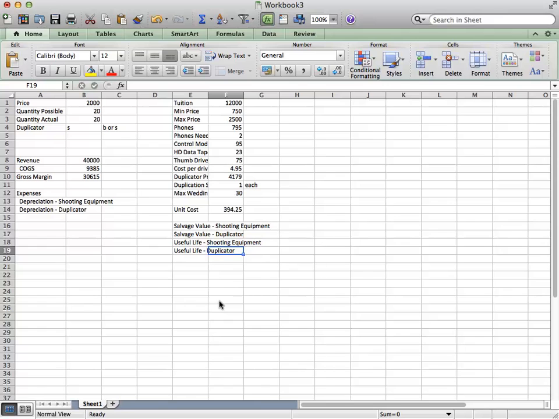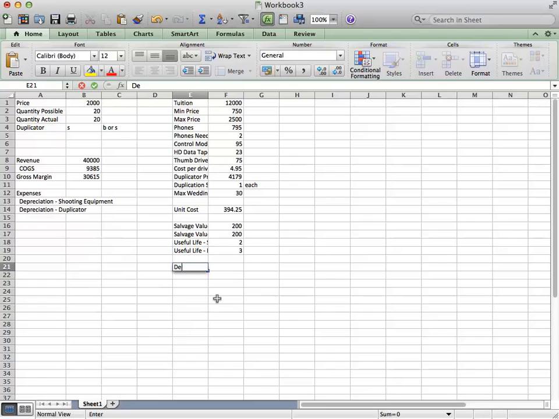So let's say that the duplicator is good for 3 years and the useful life of the shooting equipment is 2 years. The salvage value for the shooting equipment, I mean, iPhones generally always have a salvage value. So let's say it's $100 per phone and nothing for the module. So that's $200. And the salvage value for the duplicator, you can pick any number, but I'm going to say 200.